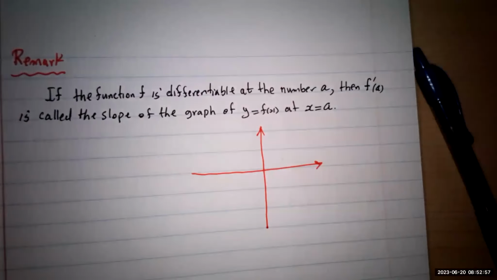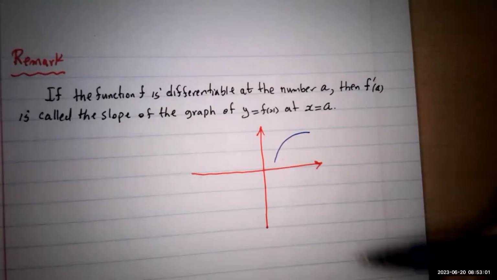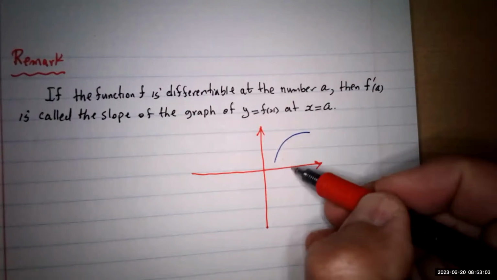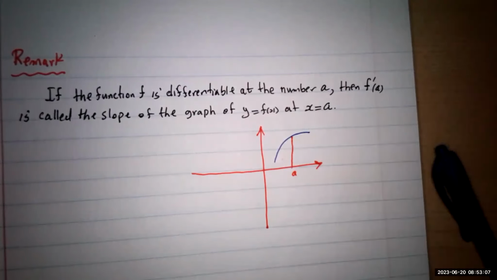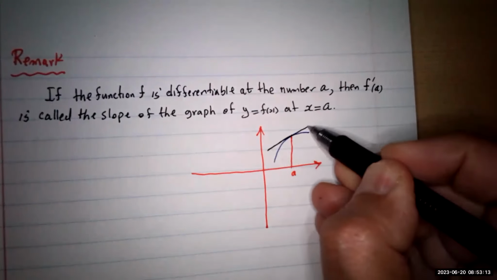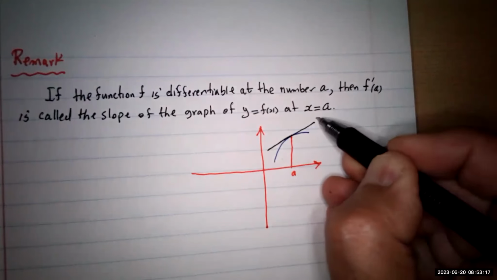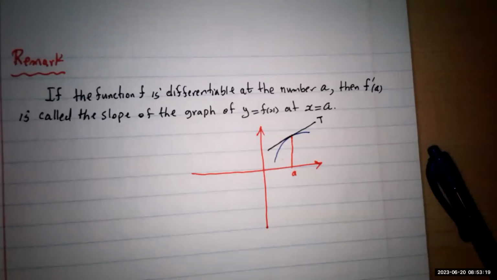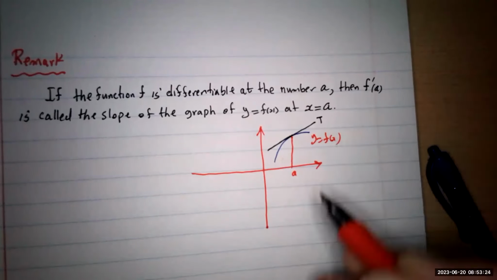So if you are given a curve, if this is going to be the curve, and this is going to be a point A, now you know that you can have the tangent line. And we described before how we're going to find it. And that's going to be the tangent line T, if you like. And this is going to be your curve y equals f of x.